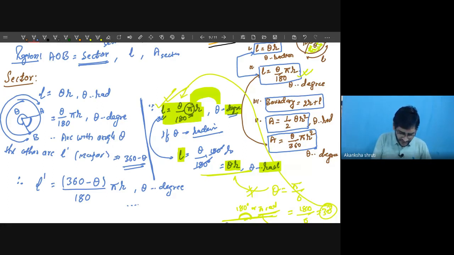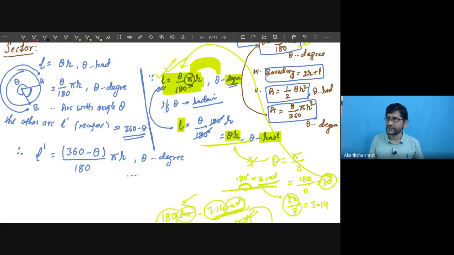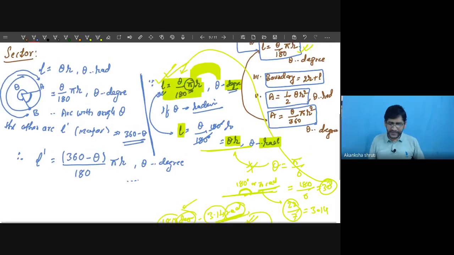Just substitute in the same formula. Getting it? So this is the concept where, when the question clearly states you have to calculate for the major arc or minor arc, you just understand whatever the arc is given at the center, if we have that angle we can calculate it. Here in this case, 360 minus theta is this one.